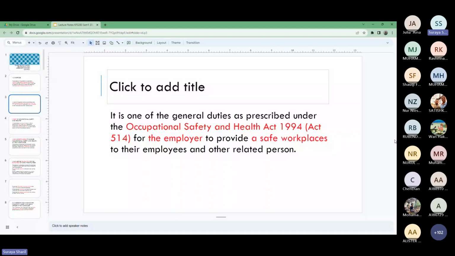So it is the general duty of the employer under the Occupational Safety and Health Act 1994, Act 514, to provide a safe workplace to their employees and other related persons.